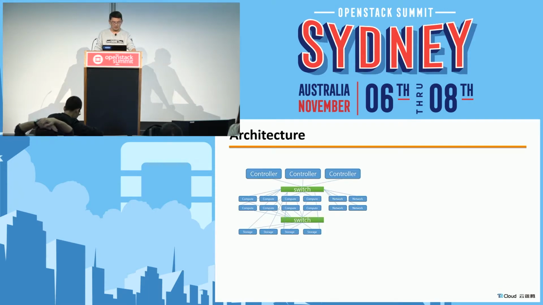If the master fails, one of the other 2 will become a new master. It's not so complicated for other nodes. There are some neutron agents in the network nodes. Nova compute service and neutron Linux bridge agents could be found in compute nodes. In the storage nodes, Ceph is deployed to provide a distributed storage.